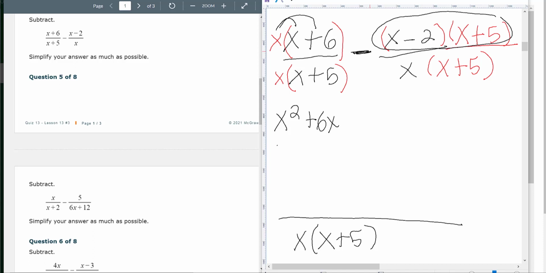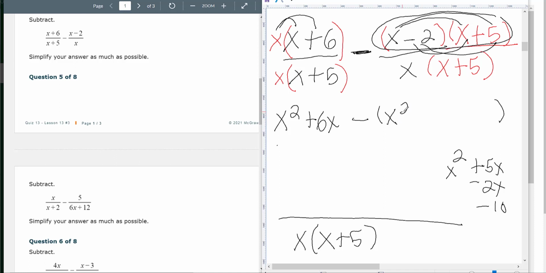So I'm going to go down here and go x times x, x squared, x times 5, 5x, minus 2 times x, minus 2x, minus 2 times 5, minus 10. So that's going to be minus, I'm going to leave him in parentheses until I subtract it, (x squared plus 3x minus 10).